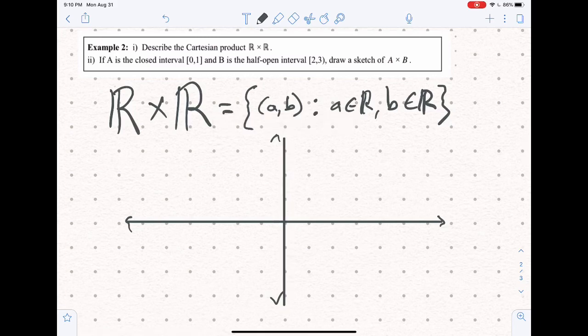If that's our origin, if we go over 1, 2, and up 1, then there's a point right here, and this point is the point (2, 1), as you're used to. There's a point down here, which is, I think, (-2, 3), and so on. Basically extending off in every direction.